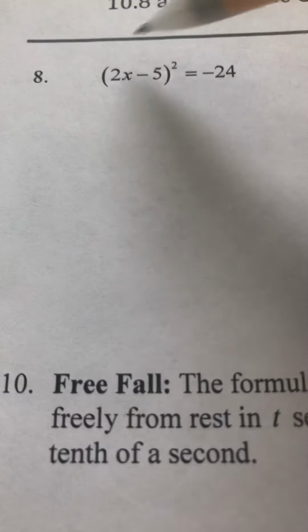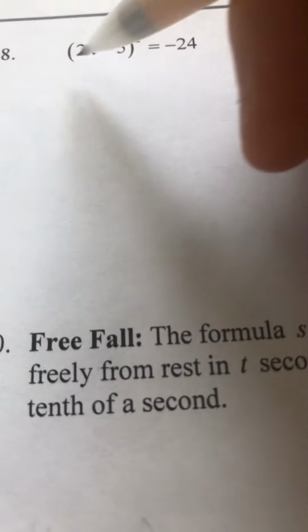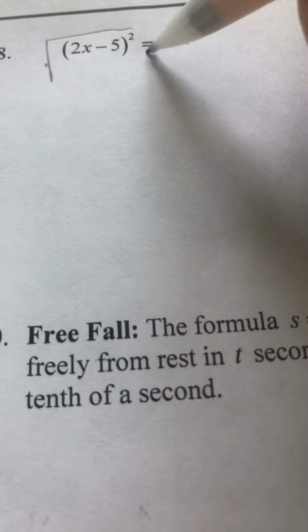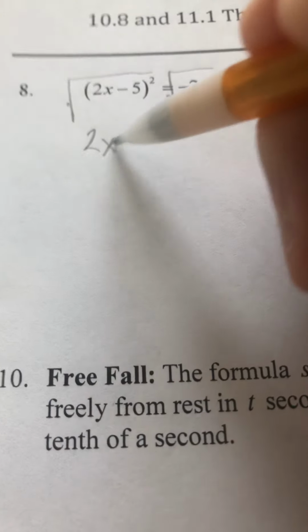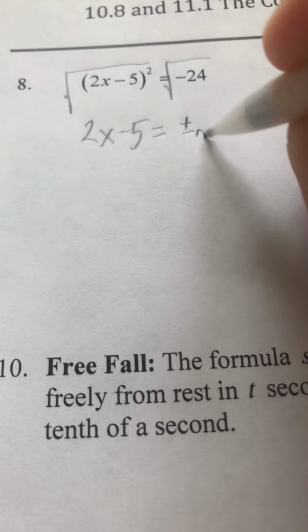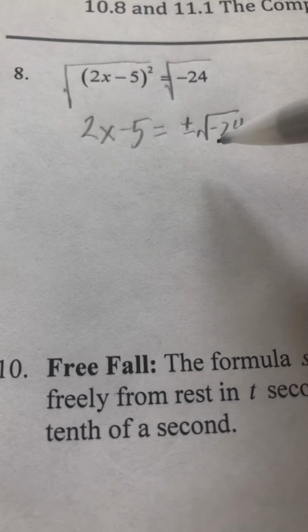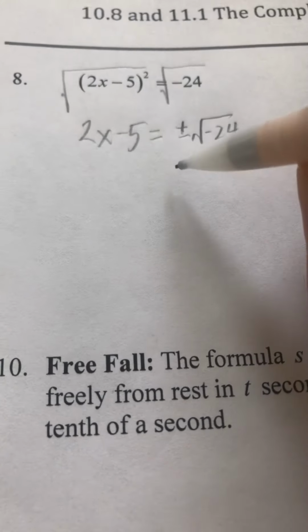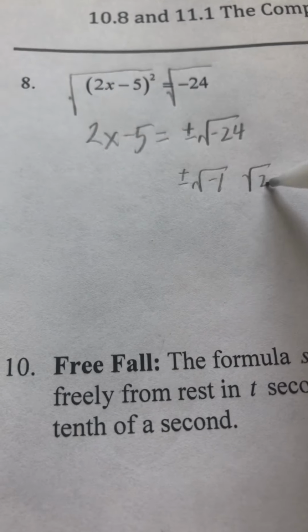Okay, so quantity squared is isolated. So you can start off by taking the root of both sides. This is plus or minus root negative 24. So you can simplify this. There's a lot here, you guys. It's root negative 1 times root 24.